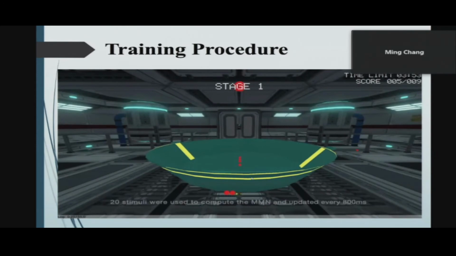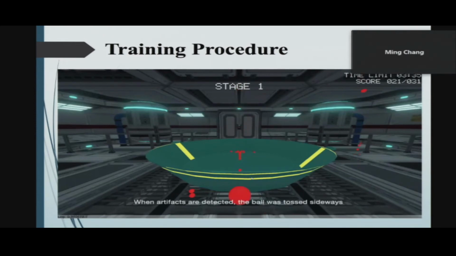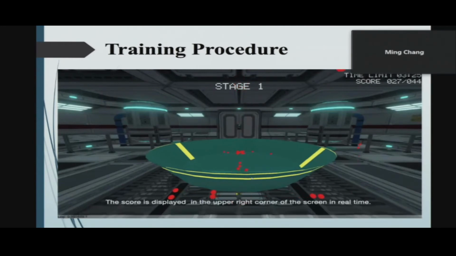The subjects are instructed to ignore the sounds, only focus on the visual feedback, and try to toss the ball into the bowl. 20 sound stimuli were used to compute the MMN, updated every 800 milliseconds. The ball will be tossed into the bowl when the MMN amplitude is larger than the threshold value that is set. When artifacts such as blinks are detected, the ball is tossed sideways. The score is displayed in the upper right corner of the screen in real time.